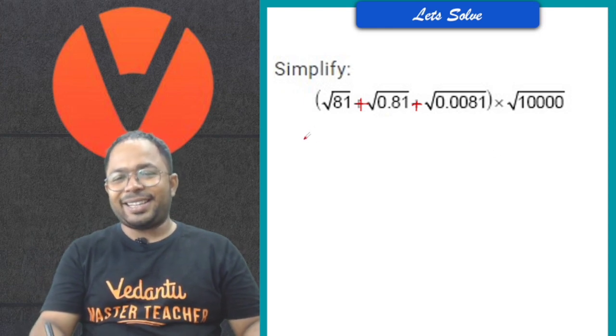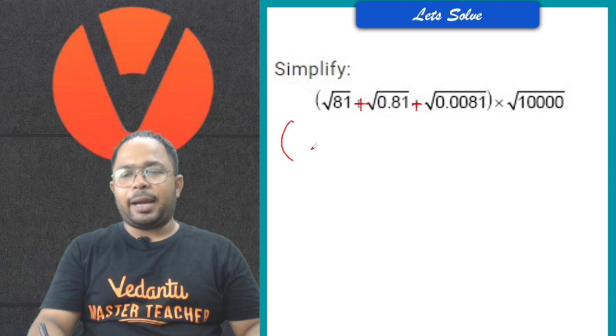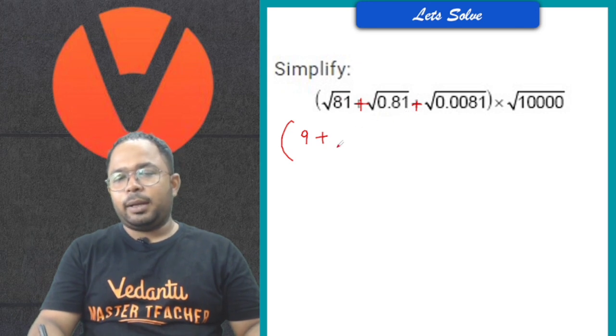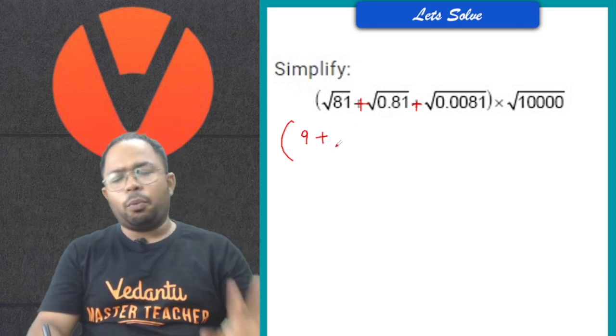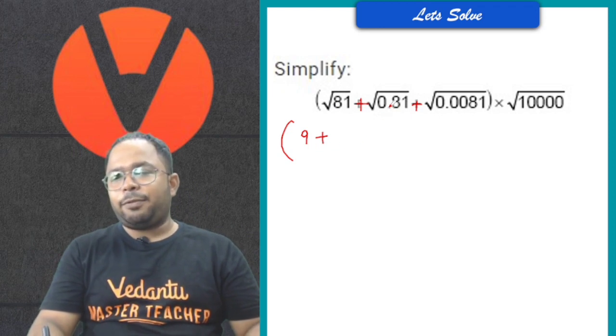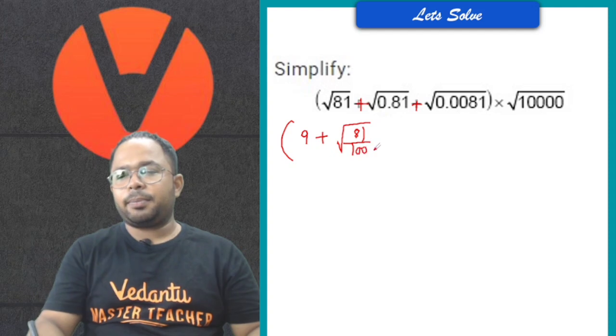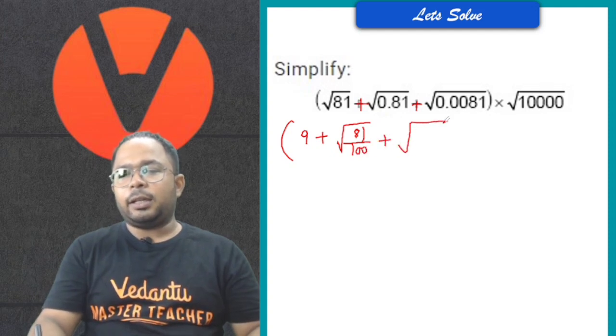Alright, let's start solving. Under root 81 is very easy, we can write 9. Under root 0.81: you know 81 is 9, and if you remove the point, it's like 81 by 100. Similarly, 81 by 10,000.